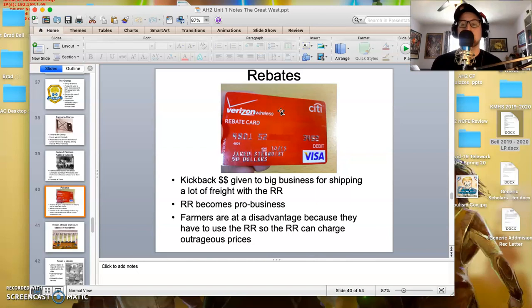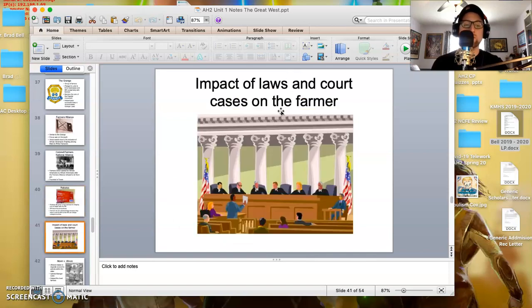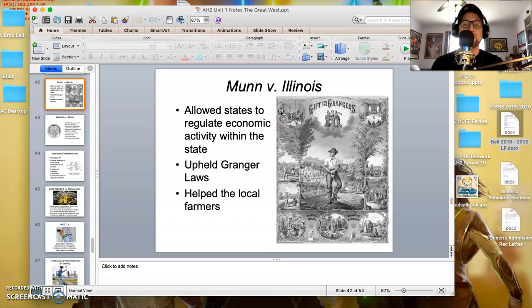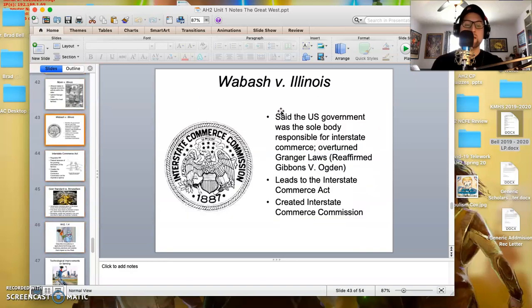If you are a big business shipping something on the railroad, you pay $500, but you get a $400 rebate. You paid $100. Whereas you pay $300, so it looks like they lowered the price for you, but it's all artificial if you're an average farmer with no rebate. So who ends up paying more? Still the average farmer.